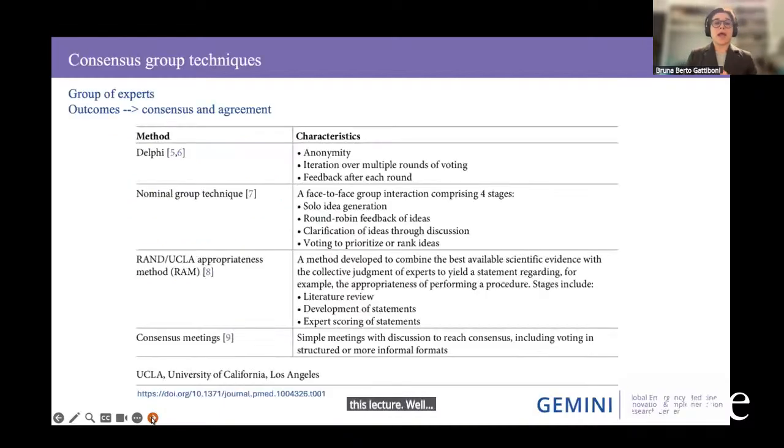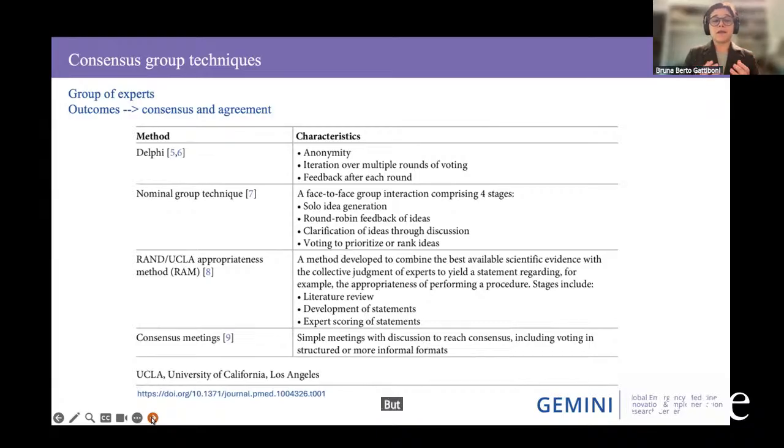Well, in the consensus group technique, our main goal is to group a sample of experts in some topic, and our outcome is to reach a consensus and agreement among these specialists about this topic.